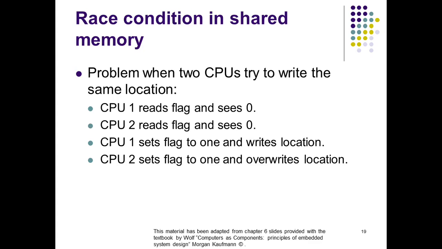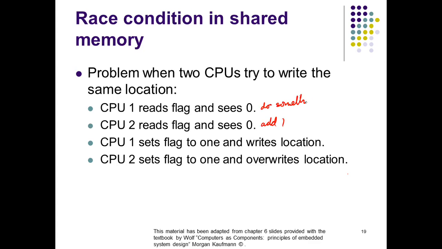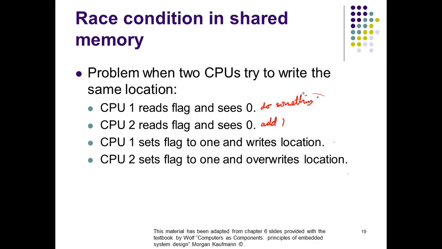Then CPU 1 writes to the shared memory with a value, and then CPU 2 just overwrites that value, completely ignoring whatever CPU 1 has written. So you can imagine the code here was to add 1, and this was to do something. What you really want is to do something, then add 1, but what happens is you do something, write something, ignore what that something is, and just add 1 to the initial value stored in the memory.